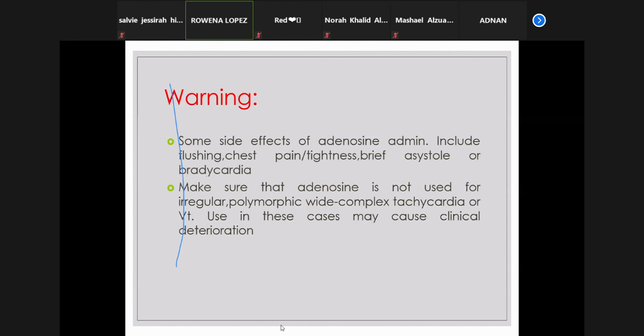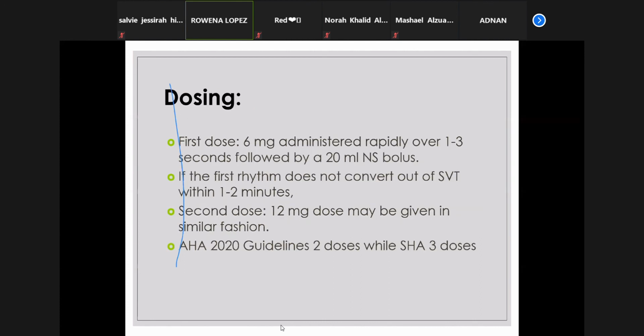So warning: some side effects of adenosine include flushing, chest pain, tightness, brief asystole or bradycardia. Brief asystole will actually happen after the administration of adenosine. Then it will go back to the normal rhythm. Okay. The dosing, we have already discussed this: 6, 12, 12 in the new guideline.